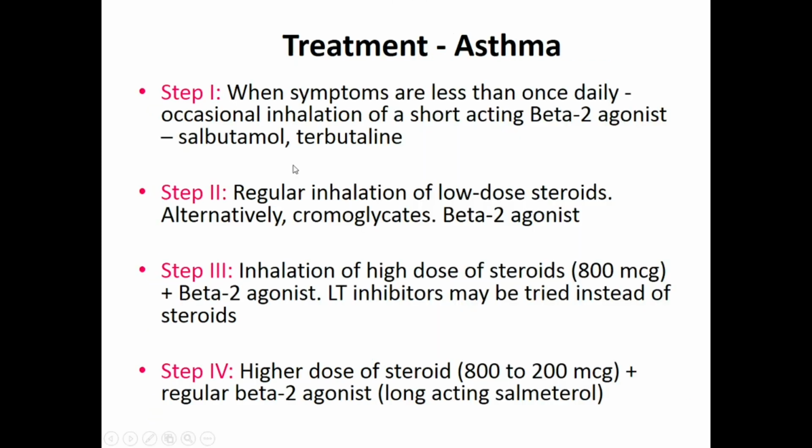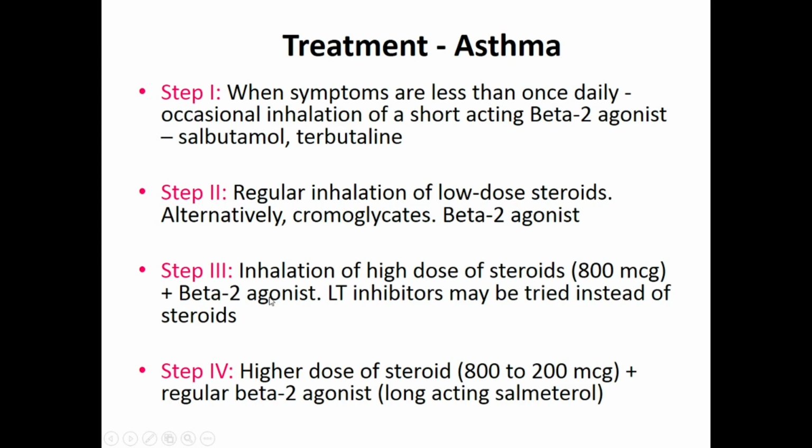So the treatment of asthma is like this. Step 1, you start with bronchodilators like salbutamol, terbutaline, be it orally or inhaler. Step 2, you can alternate between giving salbutamol, terbutaline, and cromoglycate, a mast cell stabilizer. Step 3, you can start giving also leukotriene inhibitors like zafirlukast, montelukast, and also steroids.